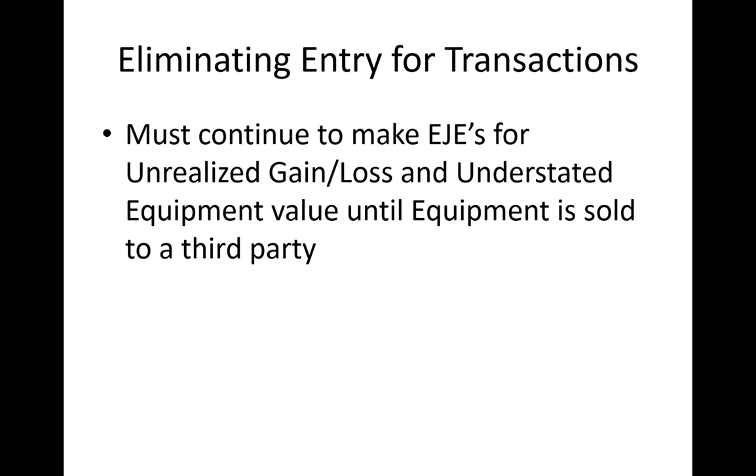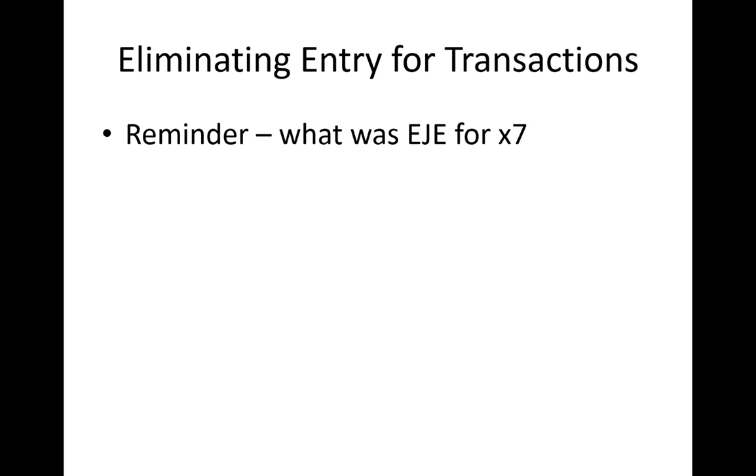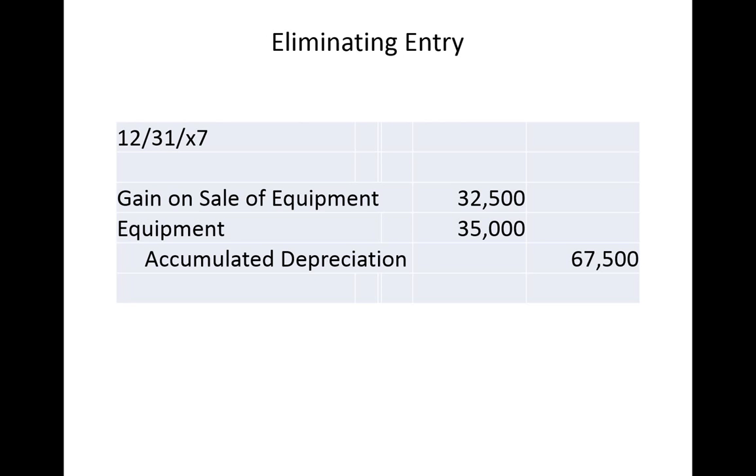So we're going to have to make some entries to restate the equipment to its correct value until that equipment is sold to some third party. So the easiest way to do that is to ask ourselves, what did we do last year? Remember, this is the entry we made last year. That entry there eliminated the gain, it reestablished the equipment, and it reestablished the accumulated depreciation we had taken thus far.